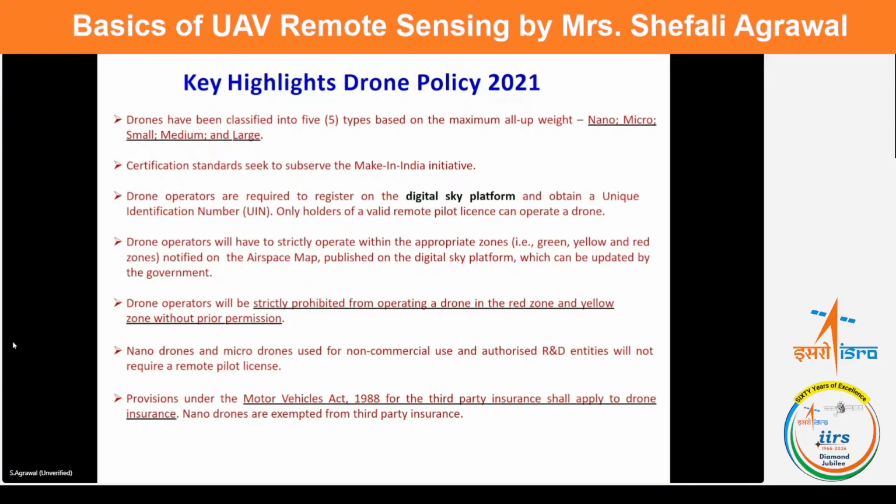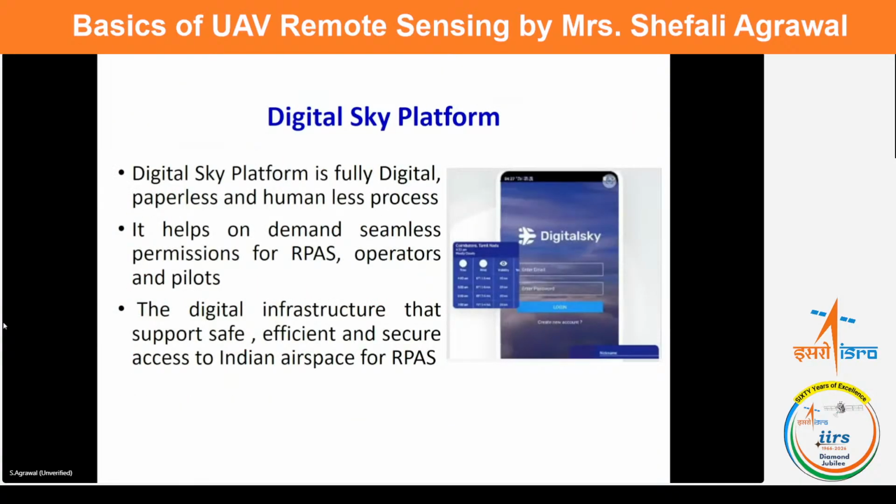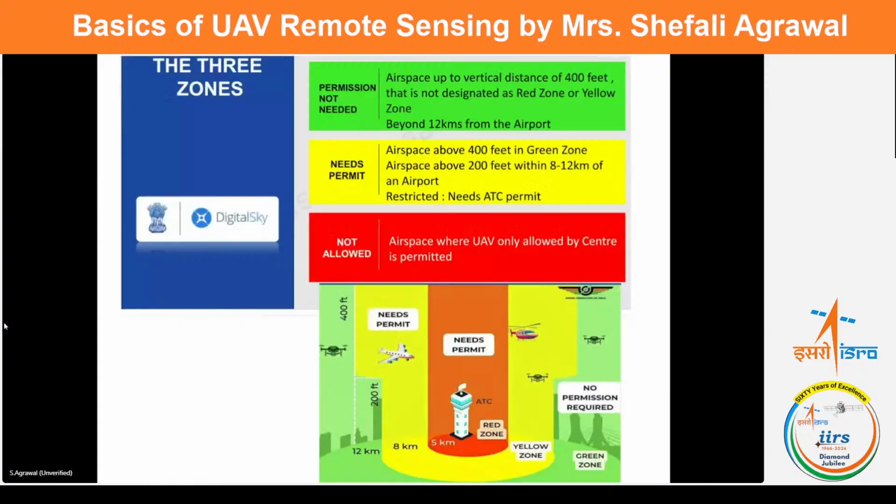Unless you get approval from the Digital Sky Platform, the drone will not operate or fly. So this is NPNT compliance. The Digital Sky Platform provides a complete paperless process for getting approvals and registering your drones into the system.